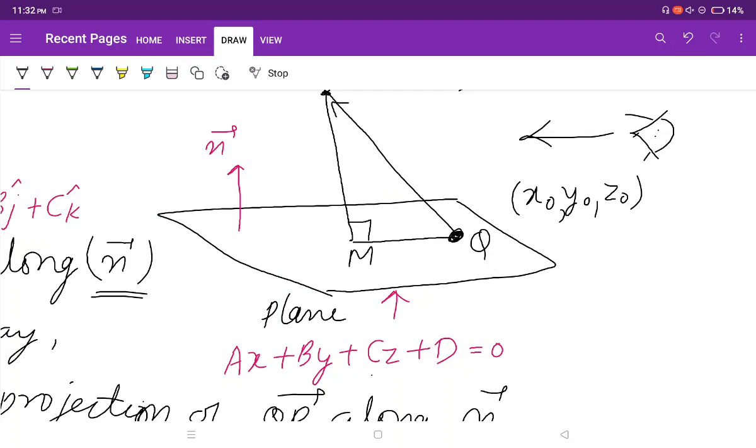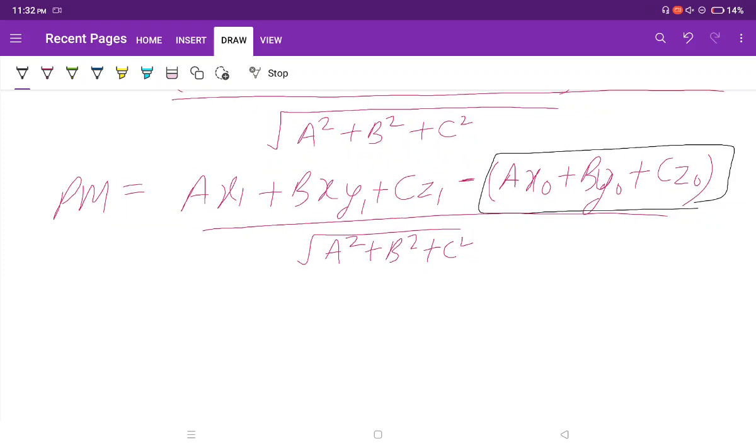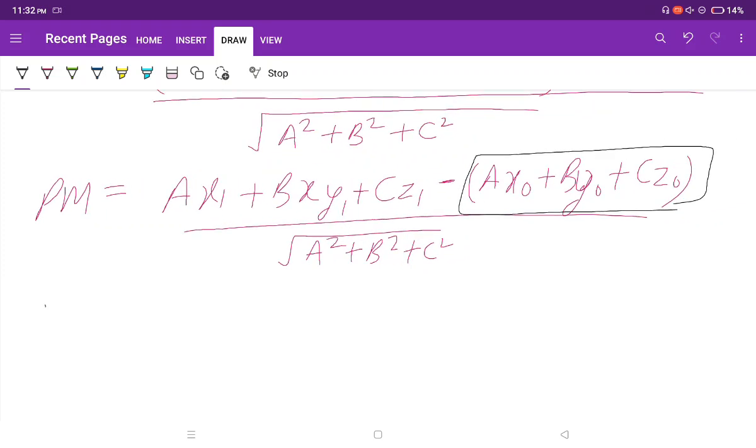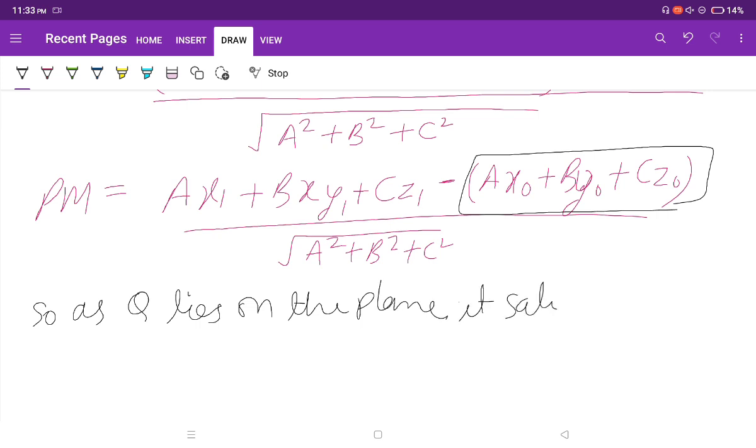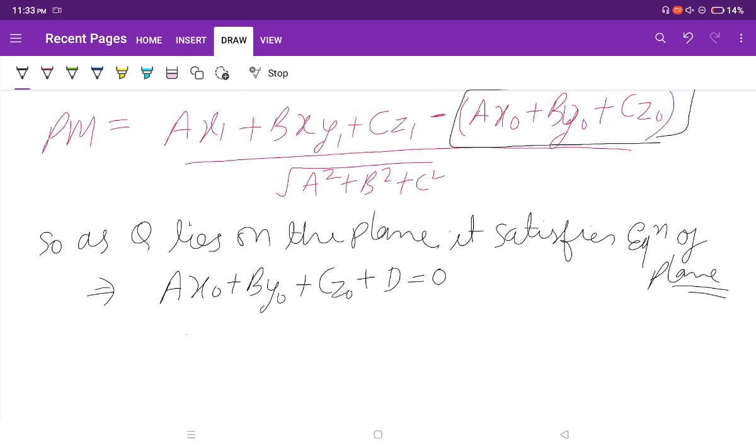So as Q lies on the plane, it satisfies the equation of the plane, which will imply that a x0 plus b y0 plus c z0 plus d equals 0, which implies that minus of a x0 plus b y0 plus c z0 equals d.